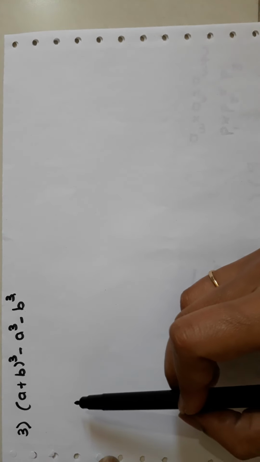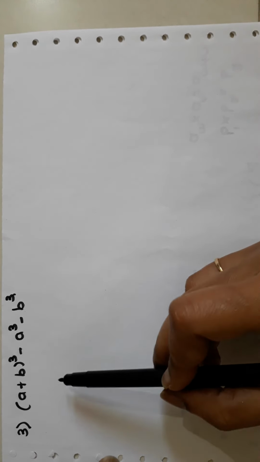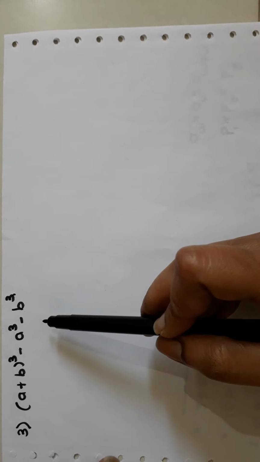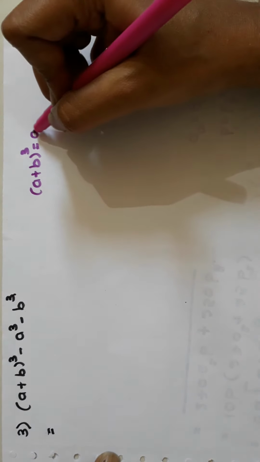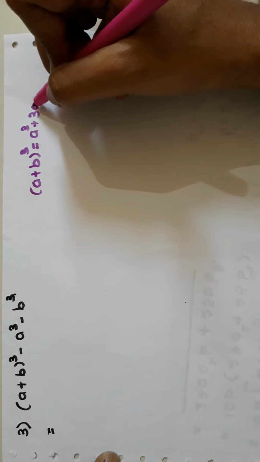Problem third: (a plus b) the whole cube minus a cube minus b cube. Now in lesson number 5, you have seen the expansion of (a plus b) the whole cube. (a plus b) the whole cube is a cube plus 3a square b plus 3ab square plus b cube.